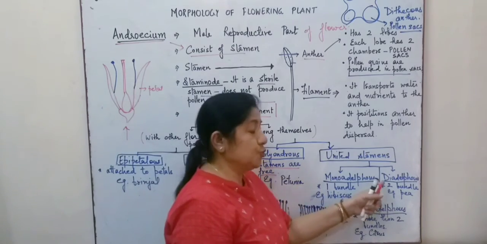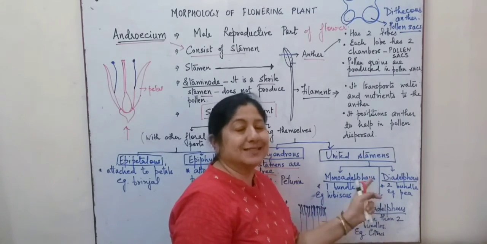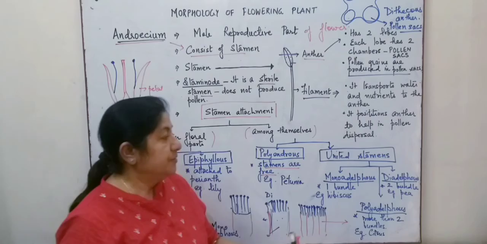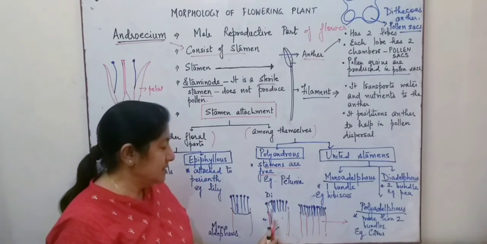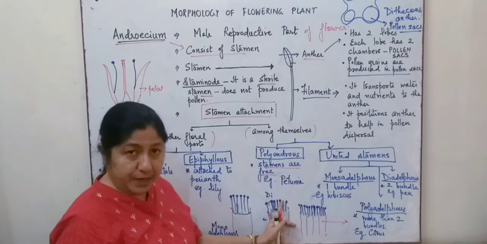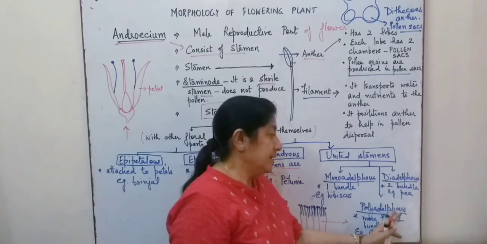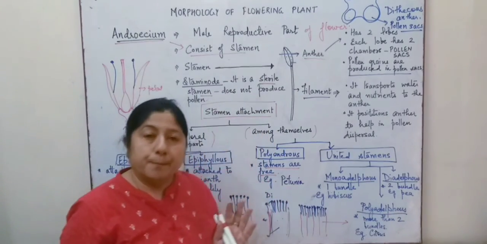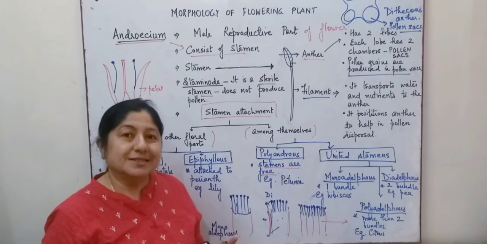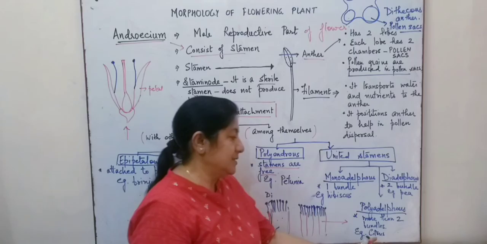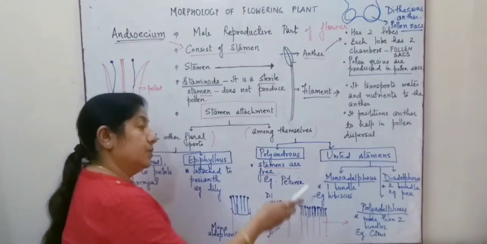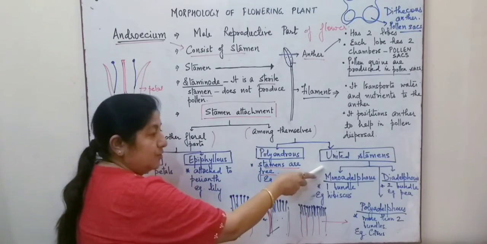If they form two bundles, as in the example of pea, there is one free stamen and the other stamens are in the form of a bundle. In the polyadelphous condition, the stamens are in more than one bundle. An example is citrus plants. So this is when the stamens are united.